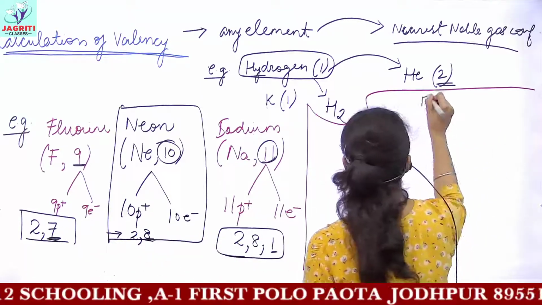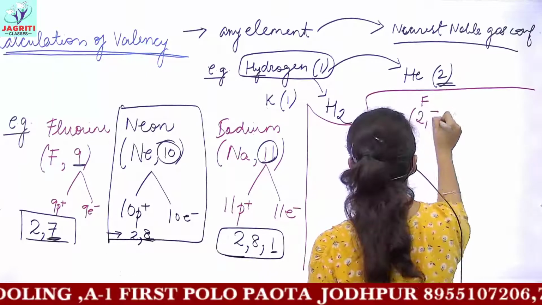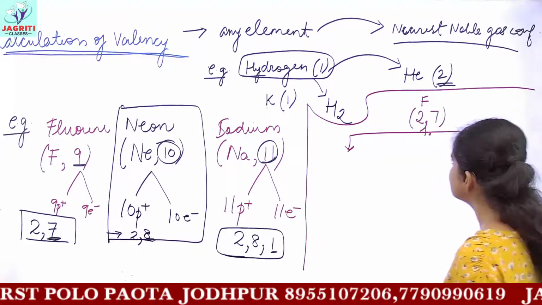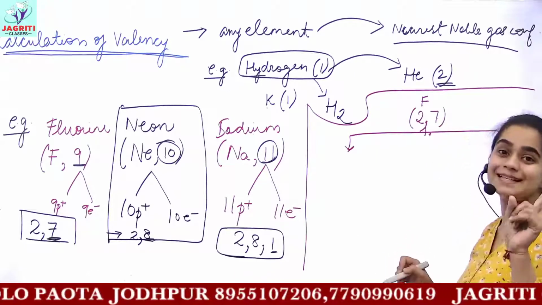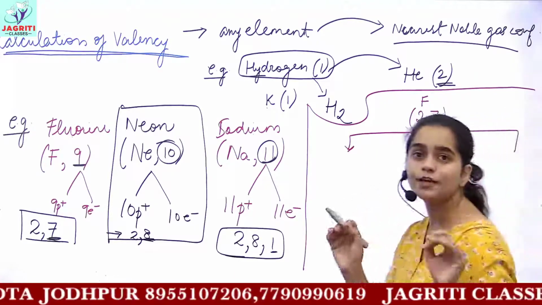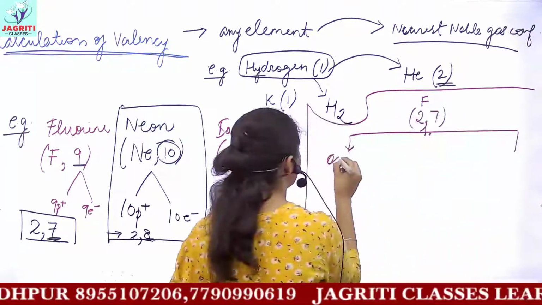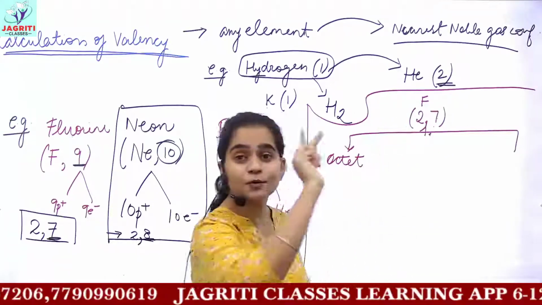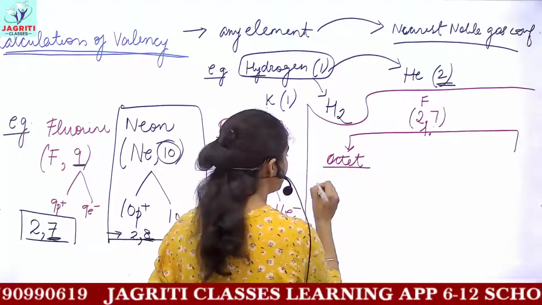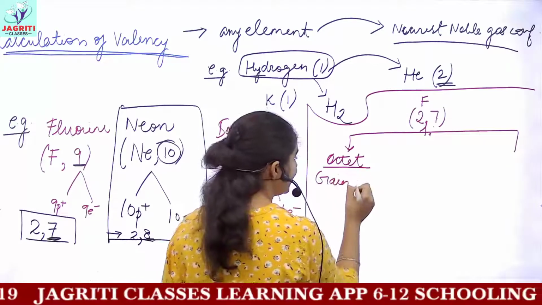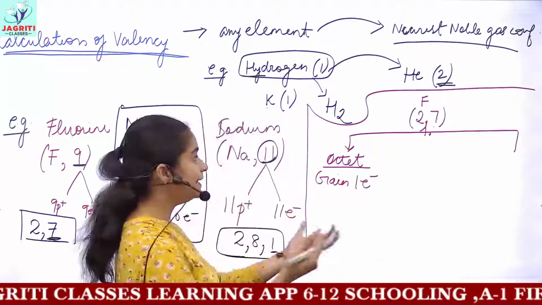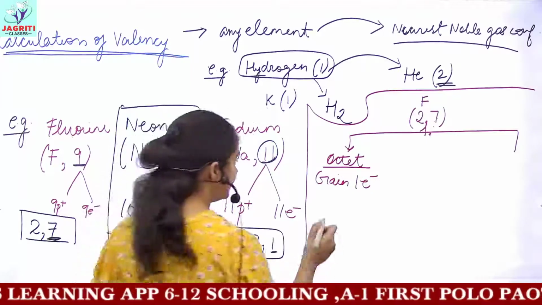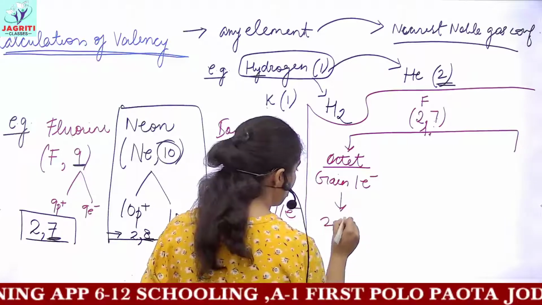Fluorine has 2 possibilities. The electronic configuration is 2, 7. It has 2 possibilities to get outermost electrons 8, that is, to follow the octet rule or the doublet rule. If it wants to follow the octet rule, it wants 8 electrons in the outermost shell. Then to follow the octet rule, it can gain 1 electron. If fluorine gains 1 electron, then 1 electron would be added in the outermost shell, and the configuration you will get would be 2, 8.